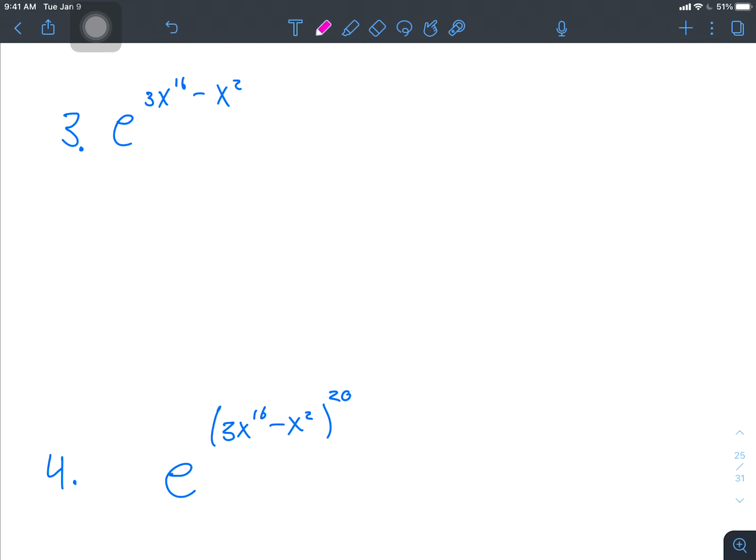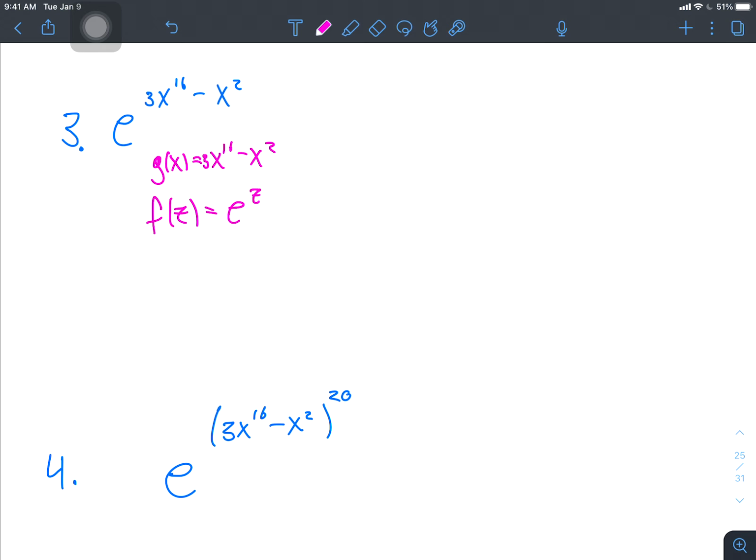I think I heard someone say that the one in the power is going to be one function, right? That's the sort of inside, in the sense that it's inside of the exponent. So what is my g of x going to be? It's going to be 3x to the 16 minus x squared, the whole power.